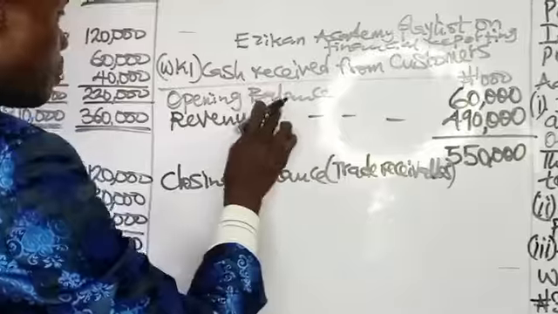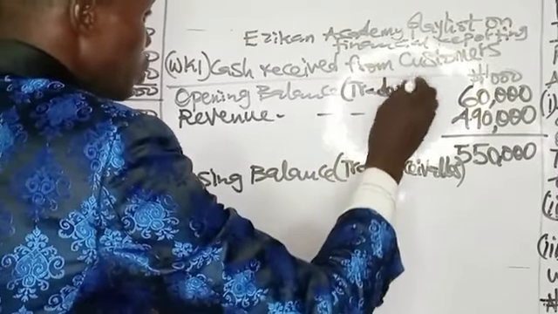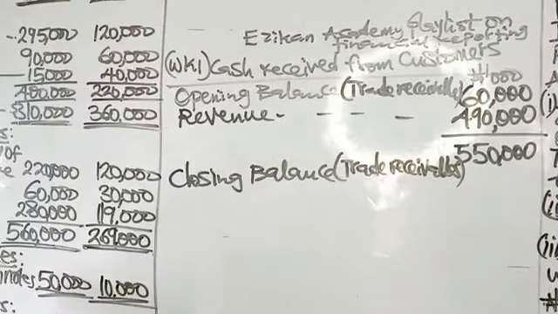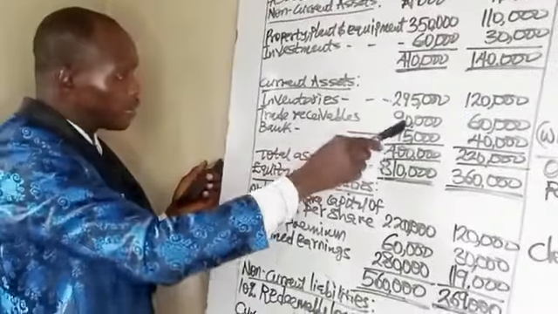No, this is the opening balance in respect of trade receivables. So, how much is the closing balance? Trade receivables. The closing balance amounted to 90,000.